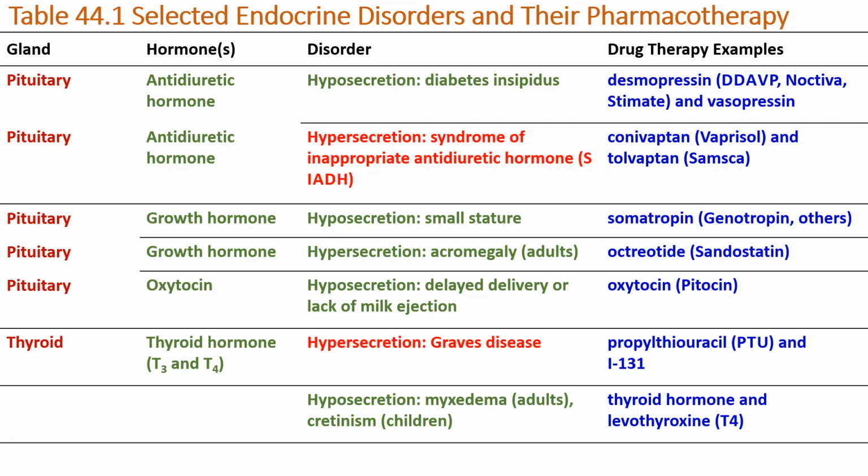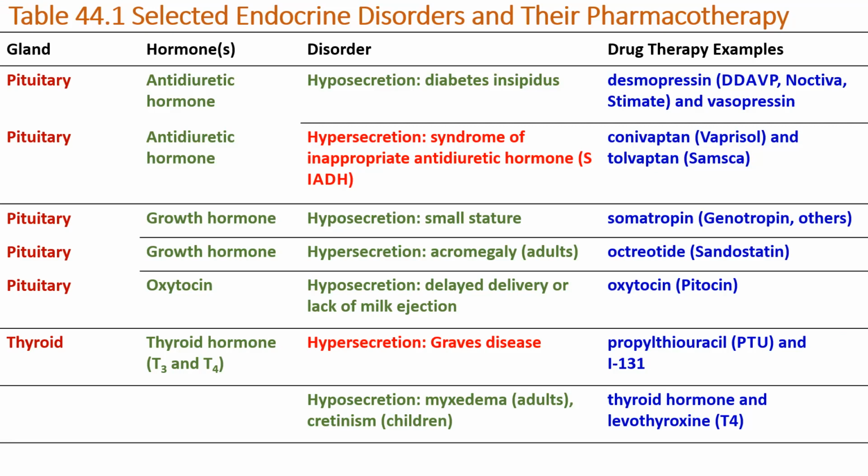Patients with hyposecretion of growth hormone, in which they will have a small stature, will receive somatotropin hormone. They won't continue receiving that; they will receive it until the puberty has been reached. The opposite side is when growth hormone is oversecreted.